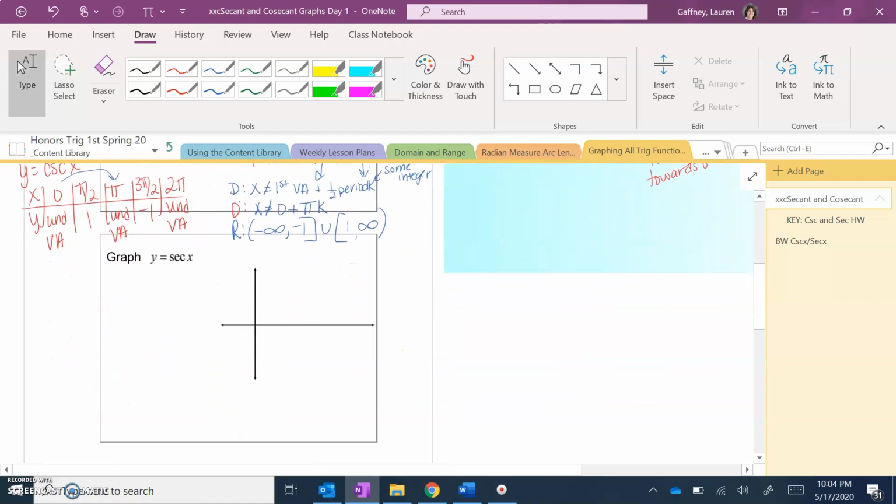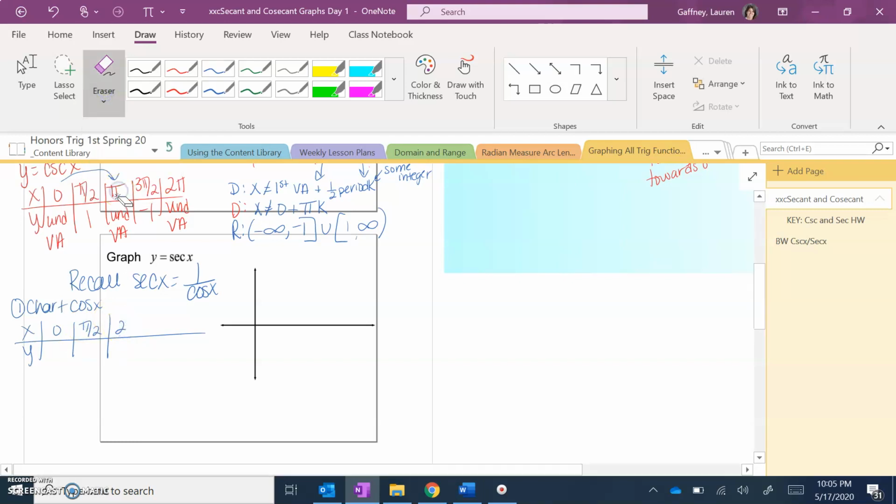Okay. Now let's talk about secant. So it's going to be very, very similar, but it's the reciprocal of cosine. So recall that secant x is 1 over cosine x. So if I make the chart for cosine, okay, cosine was 1, 0, -1, 0, 1.